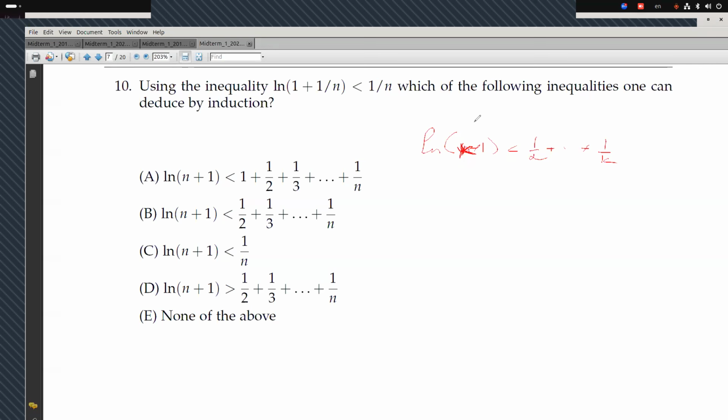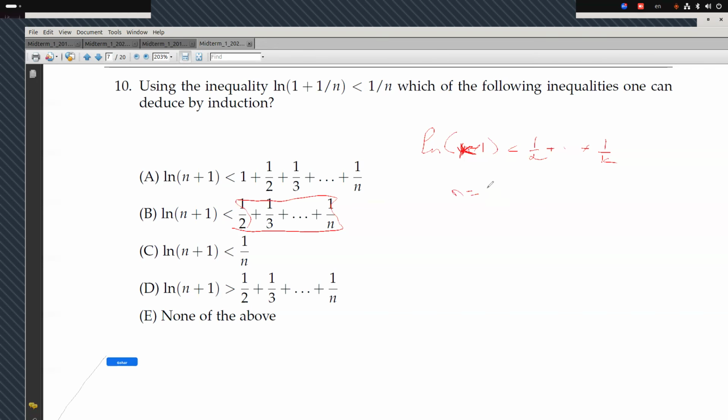But before that, again, let's go back to the base case. How many terms do we have here? N minus 1. When n equals to 1, how many terms do we have on the right side? Zero terms.